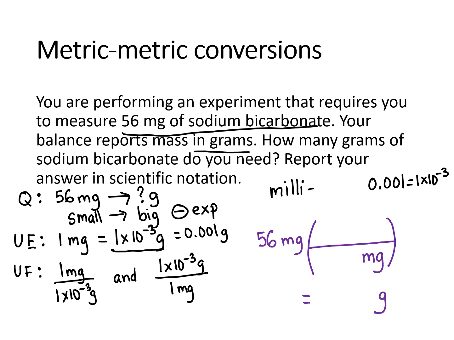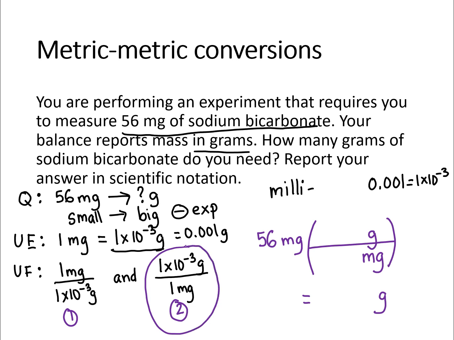So I need to use the unit factor that has milligrams in the bottom and grams in the top. So which one is that? I'm going to label them. Am I going to use unit factor 1 or unit factor 2 to go from milligrams to grams? Exactly.